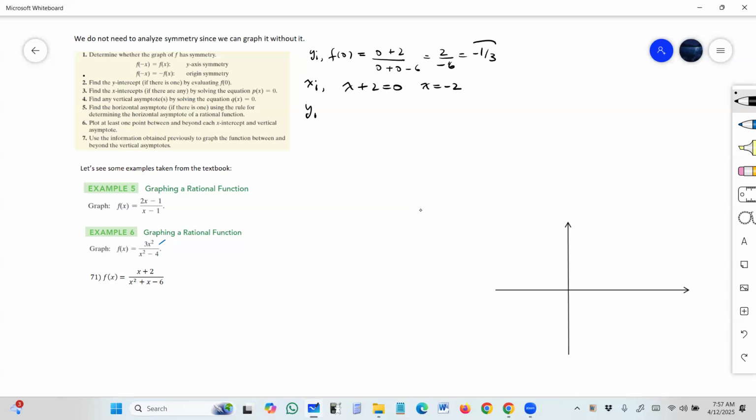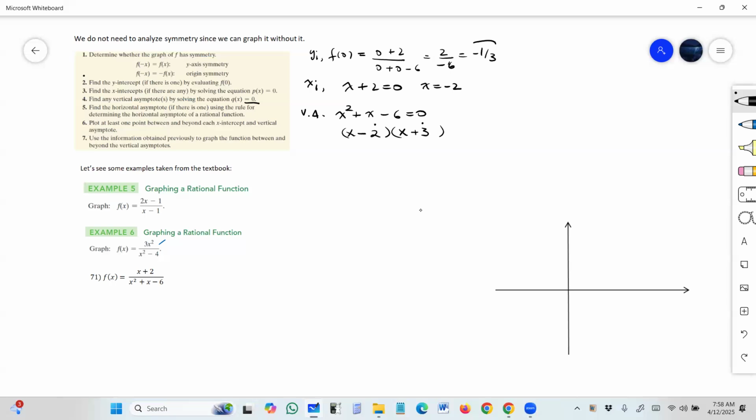Now, let's do the vertical asymptotes. For the vertical asymptotes, we set the denominator to 0 and we solve for x. So this is a trinomial where we have to factor the trinomial. Now, again, I'm not reviewing factoring techniques, but this is going to factor like this.